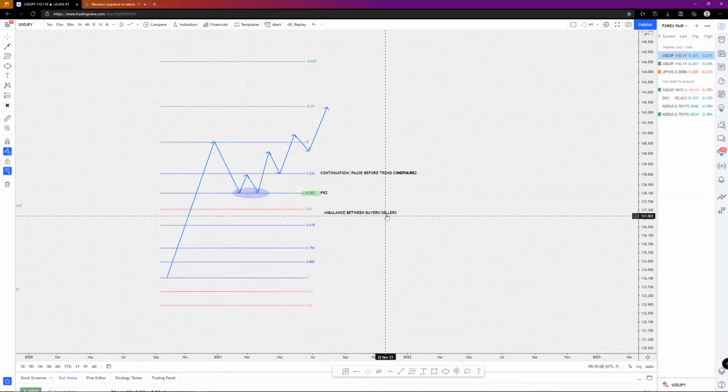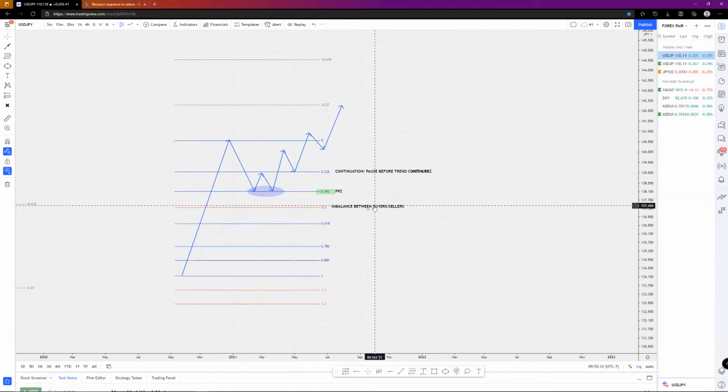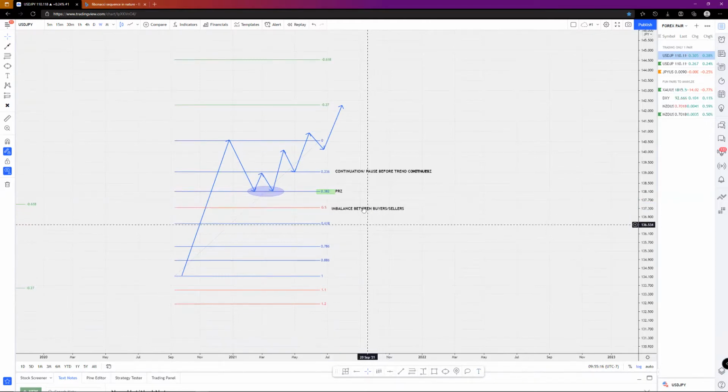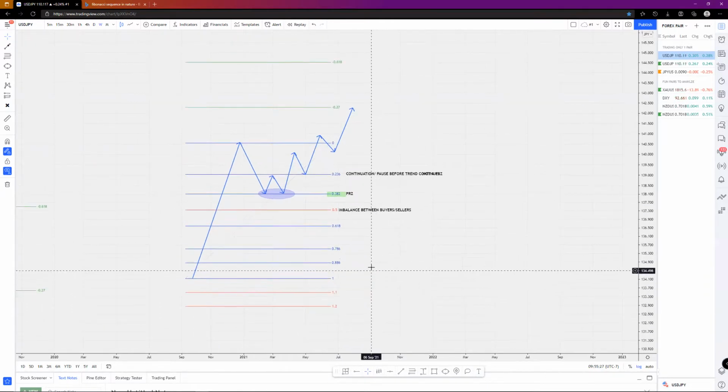So that's all the 50% does. It provides an imbalance between buyers and sellers. And not only that, it's just not seen as a PRZ zone, for the implications of, like I told you, the sequences and how they start and spiral out in nature. The same thing goes for financial markets, or just TA, just charts in general.